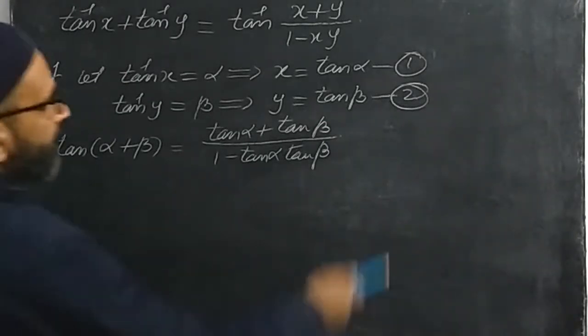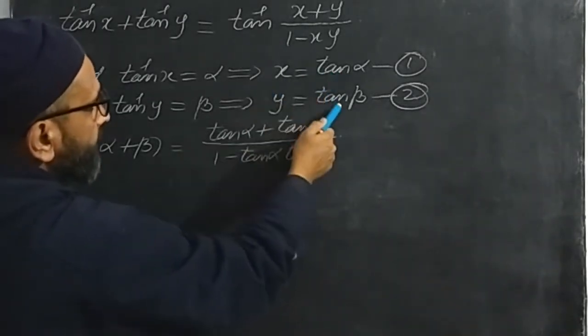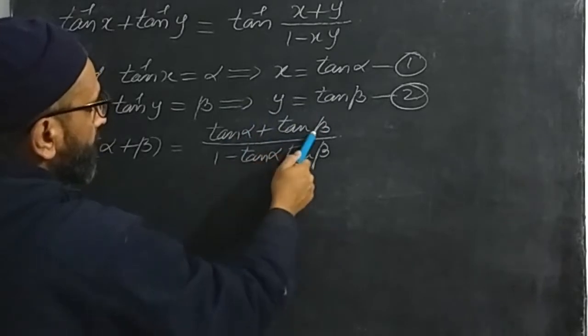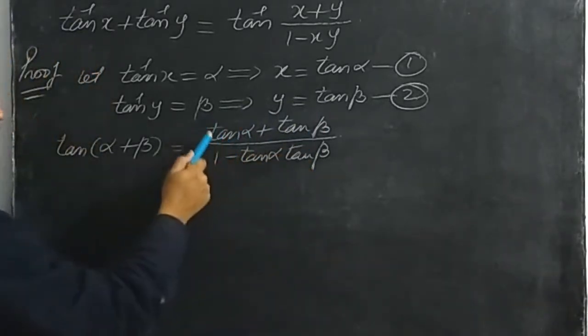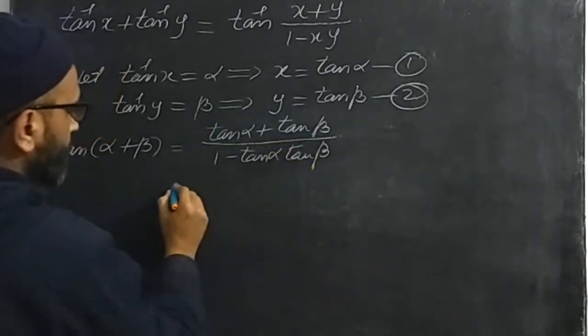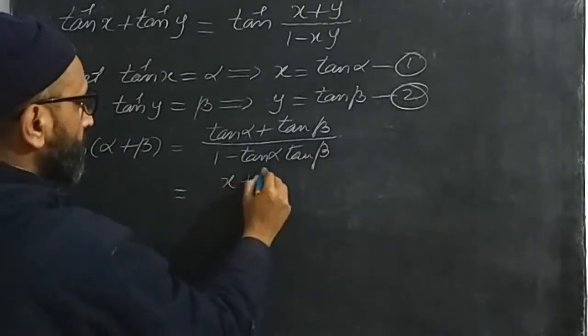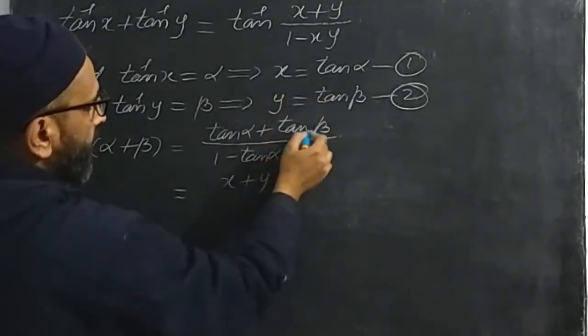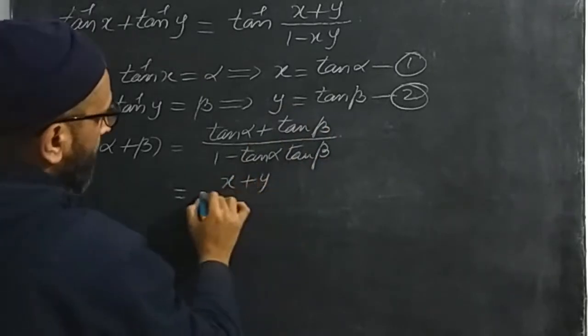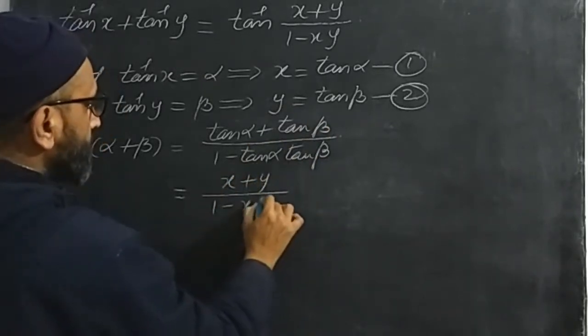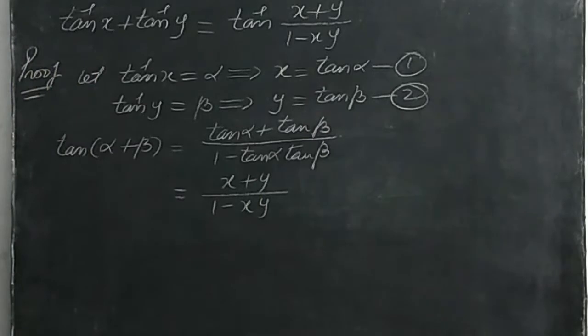Now as we have from equation number 1 tan alpha is equal to x and tan beta is equal to y, we may substitute for tan alpha and tan beta in this expression. We have x plus y upon 1 minus xy. Now simply we have tan alpha plus beta is equal to x plus y upon 1 minus xy.